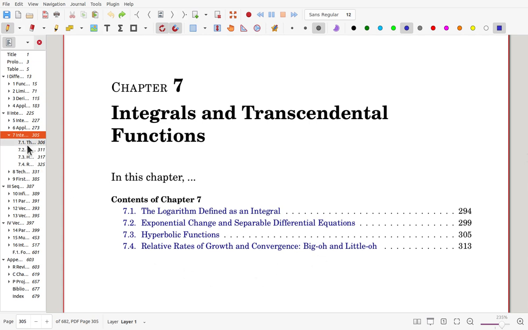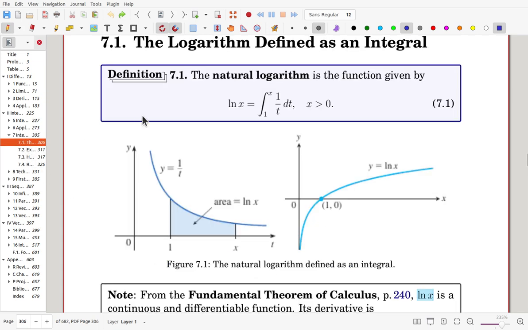Let's go to section 7.1. The logarithm defined as an integral. The natural logarithm is the function given by this equation. We already know that the antiderivative of 1 over t is the same as natural logarithm of the absolute value of t plus c.